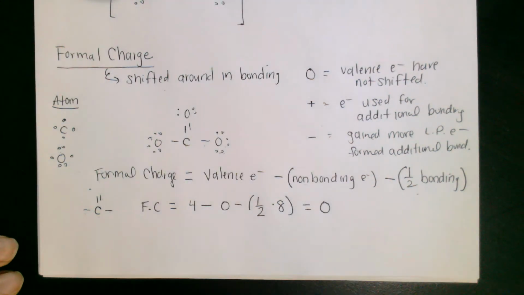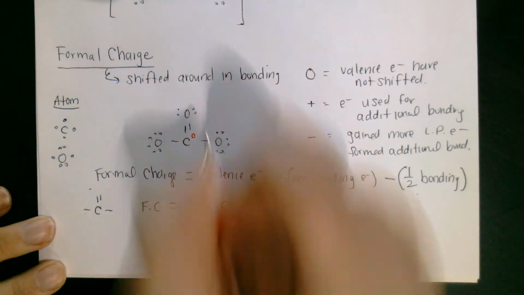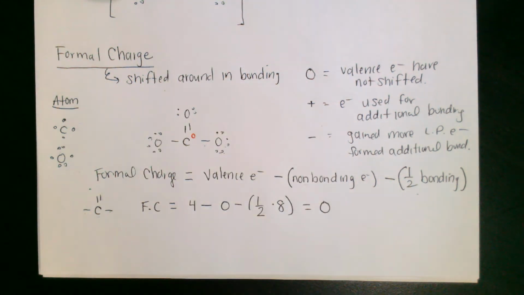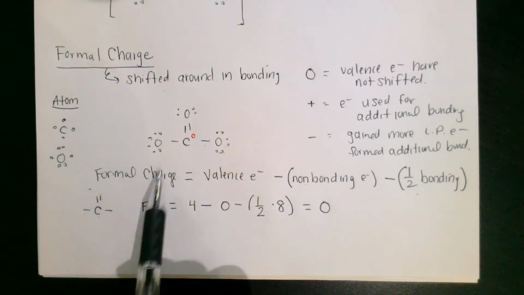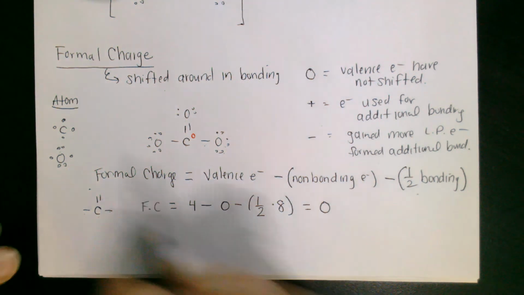I'll do it in red and put a 0 right up here. The formal charge of carbon turned out to be 0. So we haven't really shifted electrons to create additional bonds or gained electrons through oxygen. We essentially still have 4 valence electrons when we do the tally.